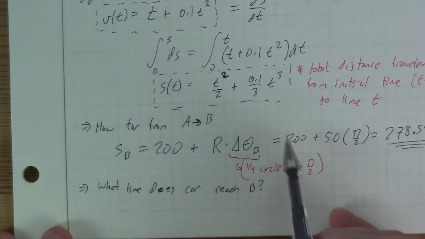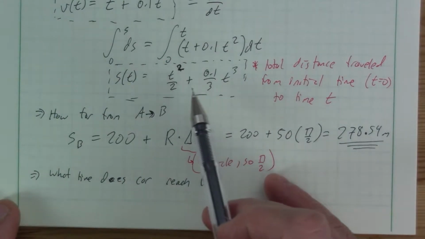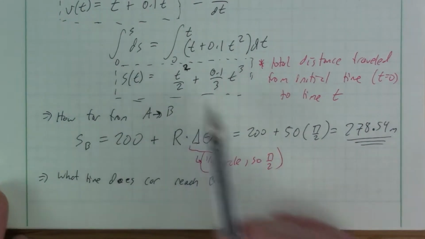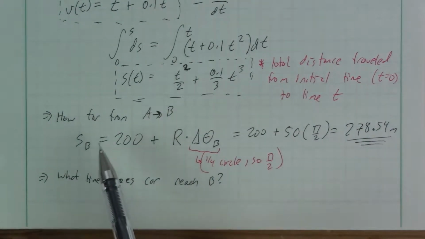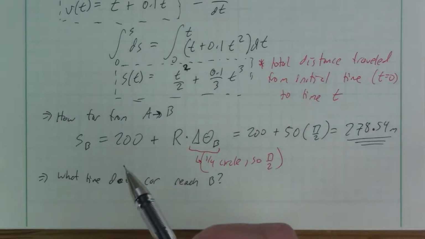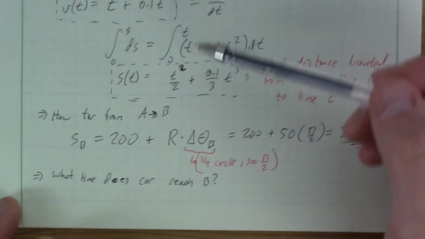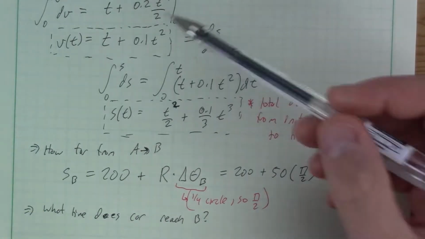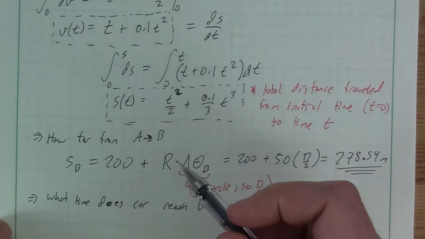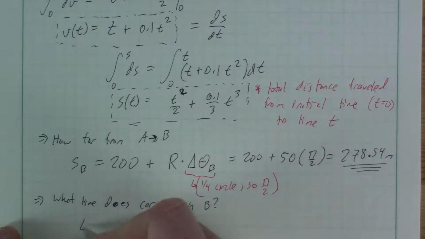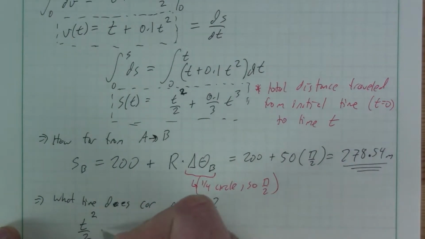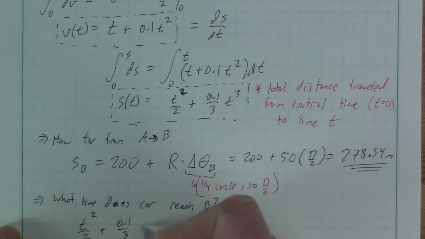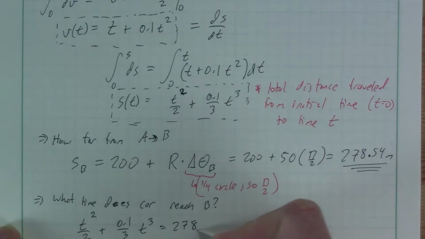We want to find the critical time when our s value has reached s sub B. The reason we need this is because we need to know the velocity at that time, so we're determining what the time is to work our way back. Okay, so we need to solve t squared over 2 plus 0.1 over 3 t cubed, which equals 278.54.